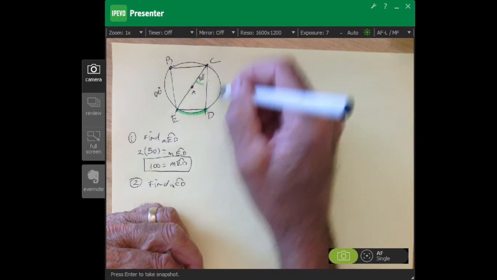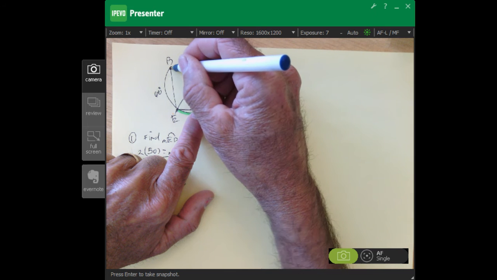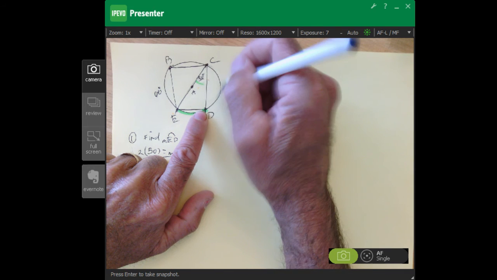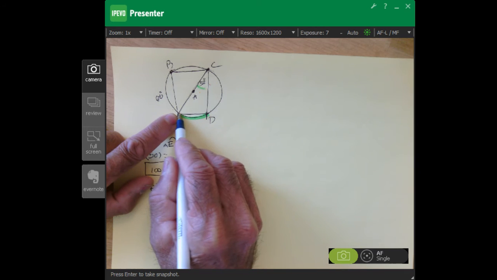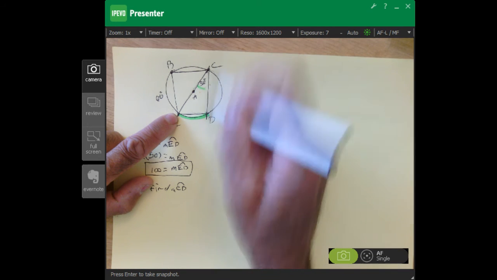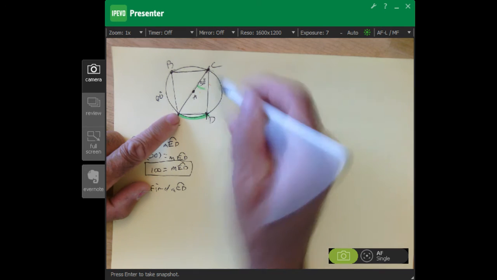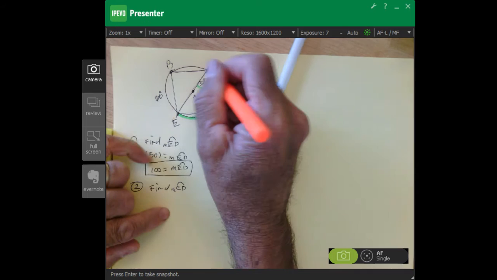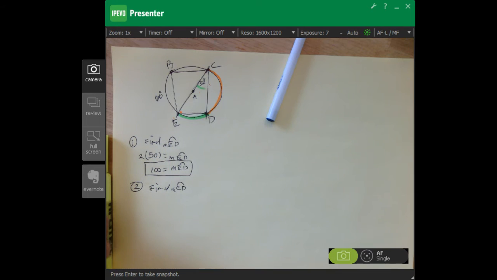CD would go with the angle that intercepts it. So this angle right here goes from one part of the arc to the other part of the arc. So this is the angle that matches up with it. Okay, that's the angle that it matches up with.